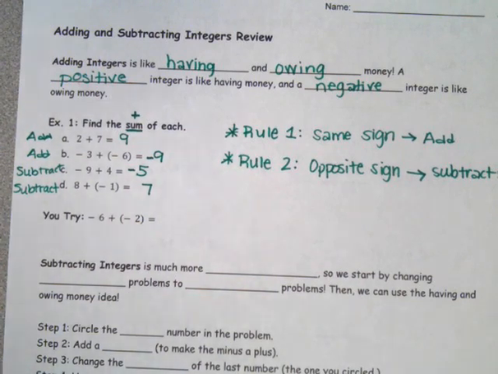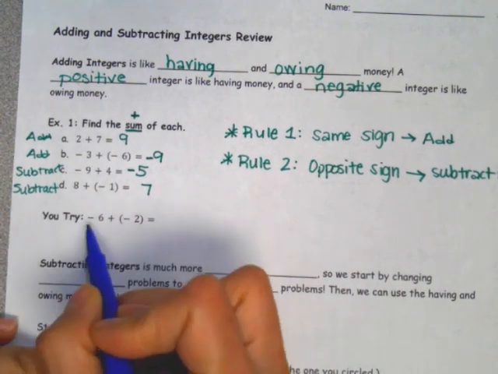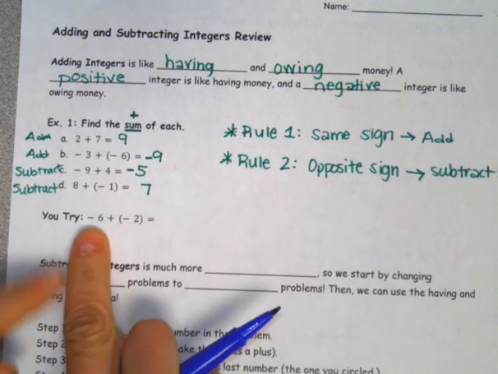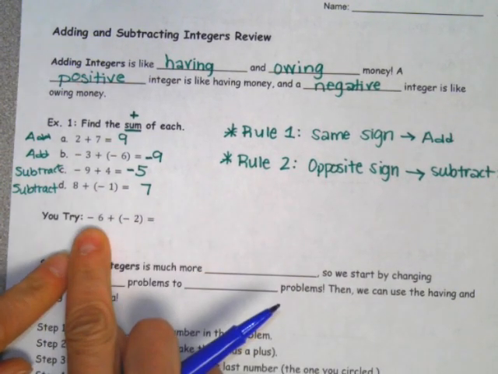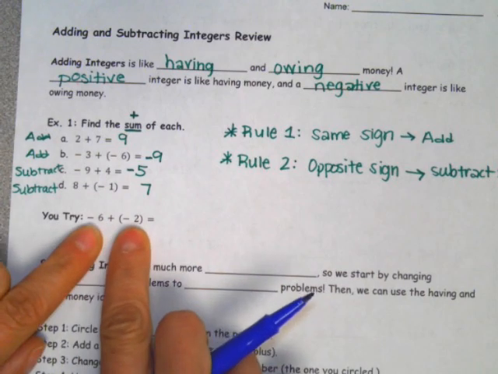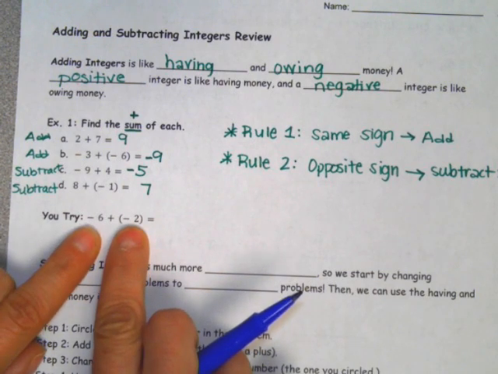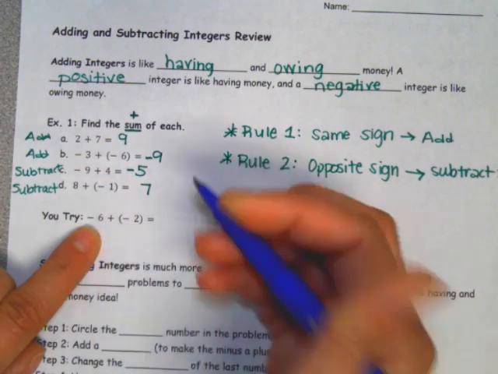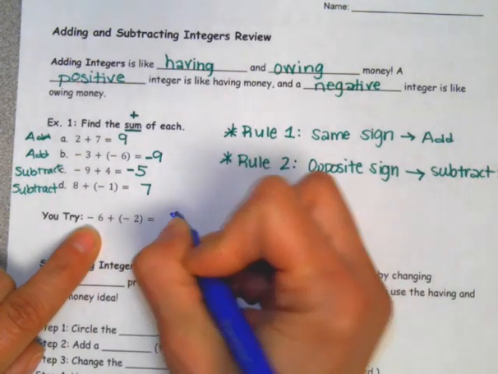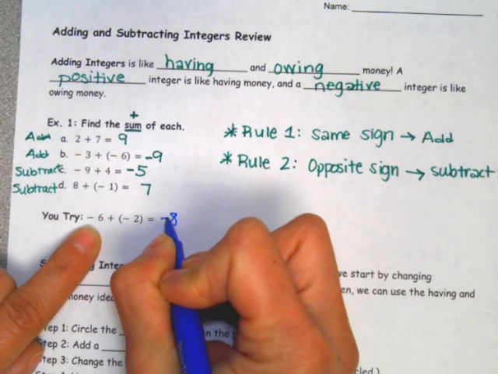Okay, hopefully you notice that -6, you owe Miss Patma $6, plus -2, you owe Mrs. Richards $2. And so if you owe Miss Patma 6 and you owe Mrs. Richards 2, then you owe a total of $8. And since you owe it, it's negative.